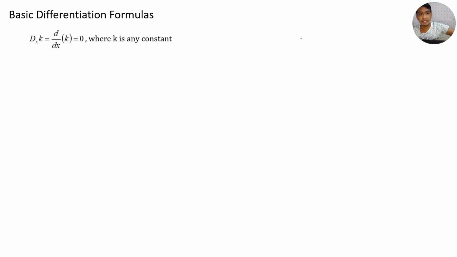So why? Kasi diba sabi natin, ang derivative of y with respect to x is equal to limit as delta x approaches 0 of f of x plus delta x minus f of x all over delta x.